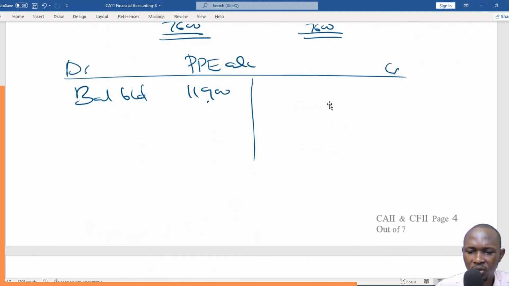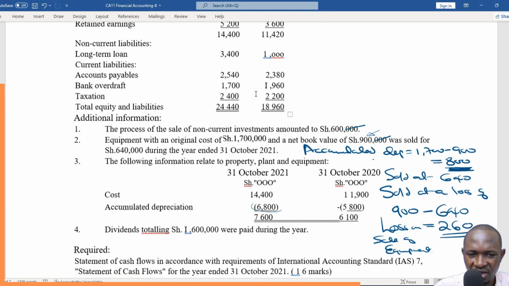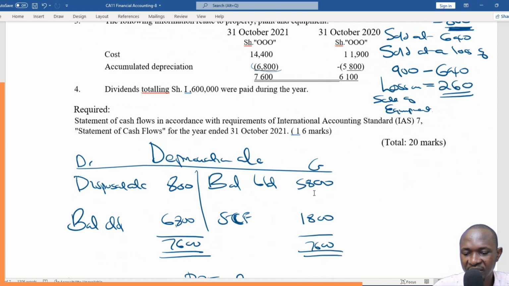So just to be on the safer side, balance carried down 14,400. Notice that I'm deliberately leaving space so that we can fill in some information that we find relevant, and especially for the PPE account we have the revaluation account, which you must also consider.